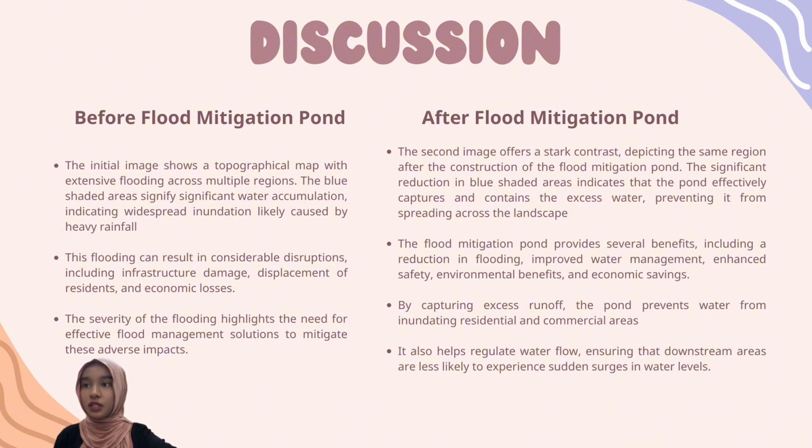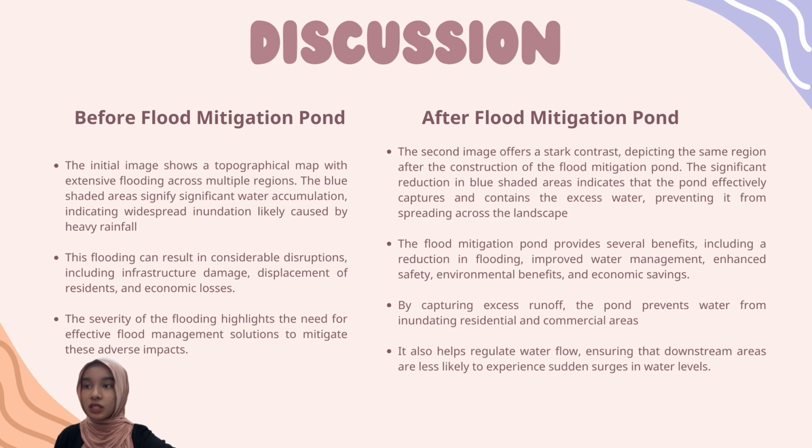The second image offers a stark contrast, depicting the same region after the construction of the flood mitigation pond. The significant reduction in blue shaded areas indicates that the pond effectively captures and contains the excess water, preventing it from spreading across the landscape.